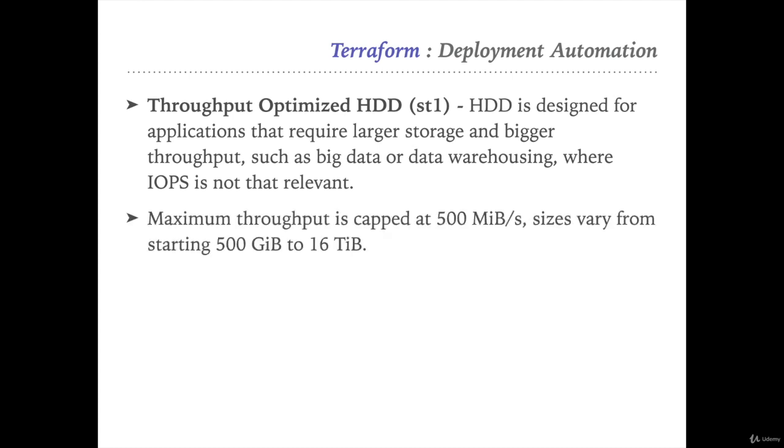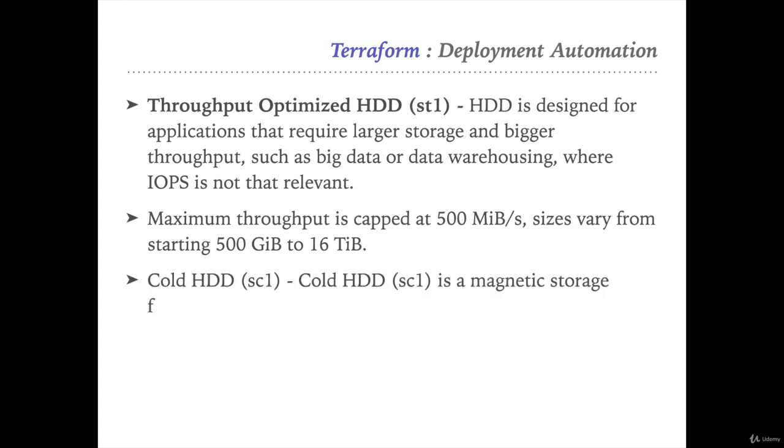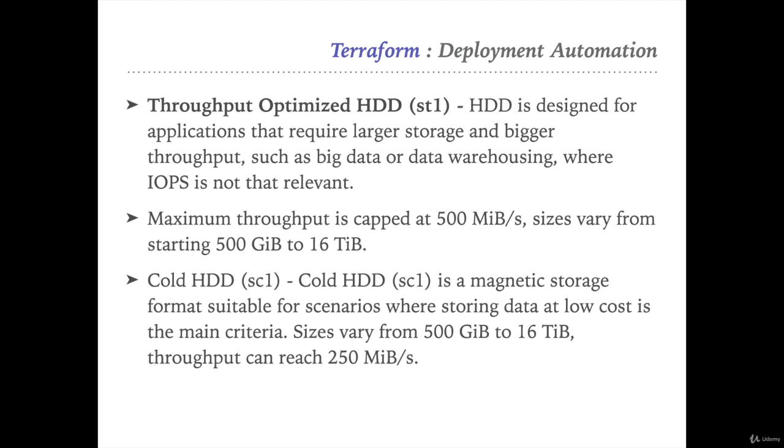The maximum throughput of ST1 is 500 megabyte per second, and size may vary from 500 gigabyte to 16 terabyte. Then we have the cold HDD, which is called SC1. SC1 is magnetic storage suitable for scenarios where you store data at low cost. Size may vary from 500 gigabyte to 16 terabyte, and throughput can reach up to 250 megabyte per second.